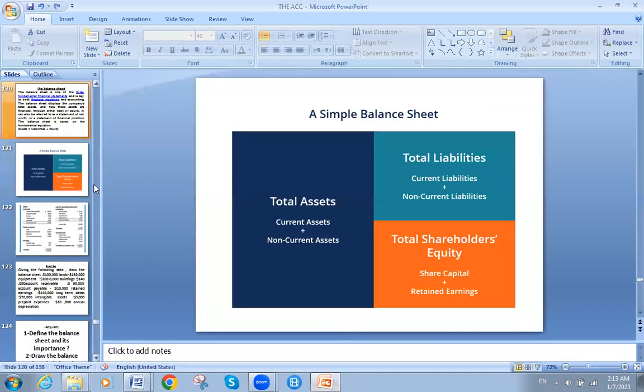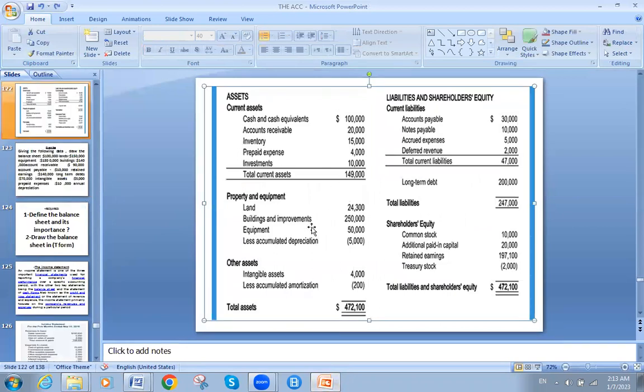Now we know the meaning of this. Here is a figure of the balance sheet, and there is a separate video for the balance sheet. Here, the assets we usually write on the left side and the liabilities on the right side. Since we started with the current assets, here will be the current liabilities.